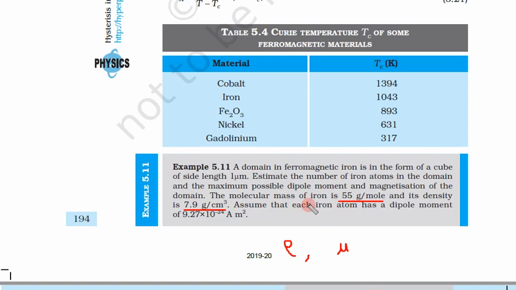Then we have to associate some kind of dipole moment with each atom. The dipole moment associated with each atom is 9.27 into 10 to the power minus 24 ampere meter square. That is associated with a single atom. Then we have to multiply it with the total number of atoms.